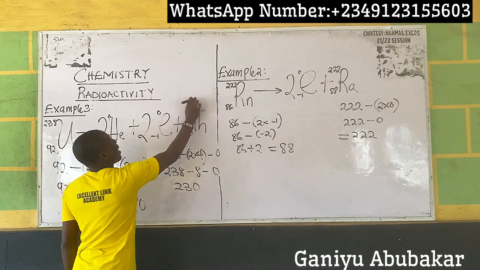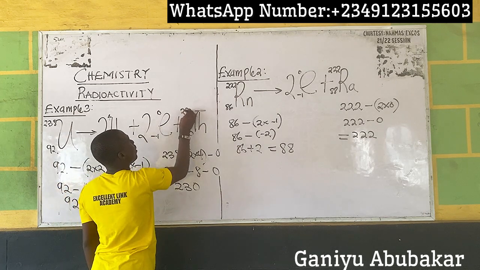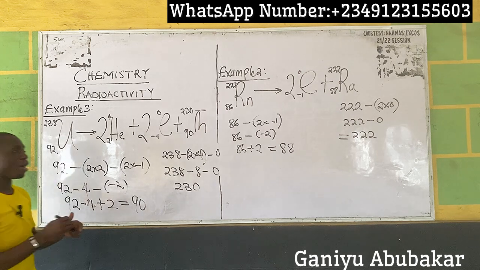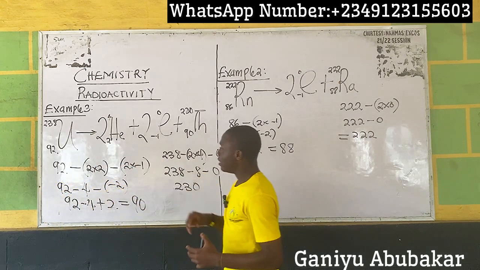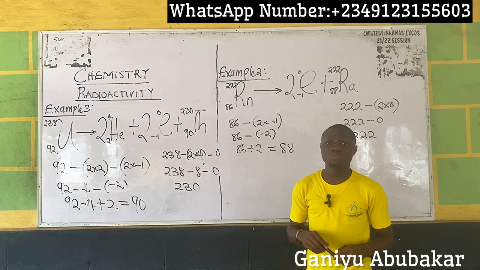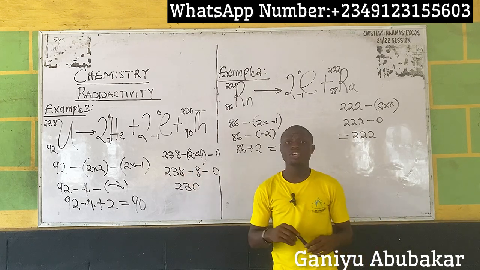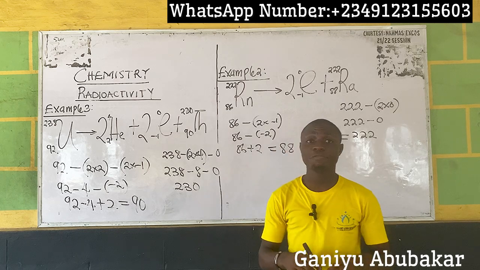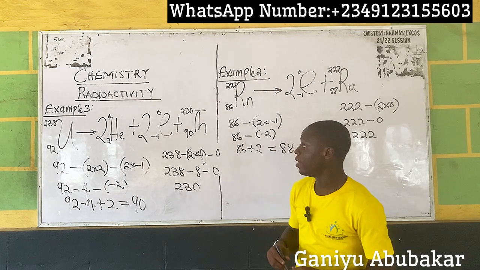So the mass number of thorium is 230. This is how I get the atomic number and the mass number of thorium in this given equation. All right, this is how this works. So I've tried to explain the concept of natural radioactivity using the idea of alpha and beta decay.